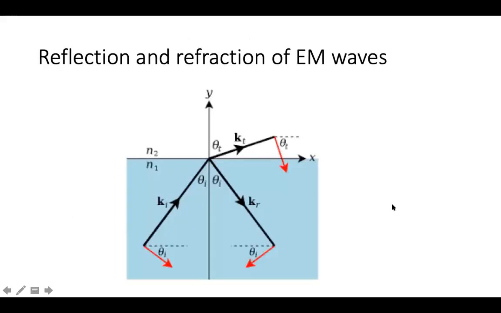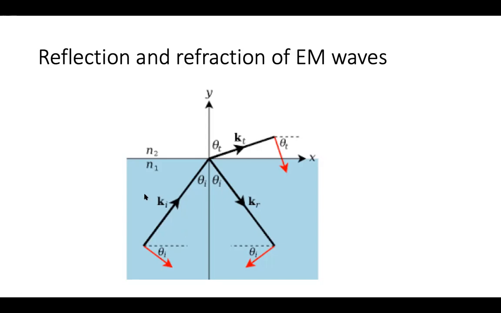So look at this figure. This is what I was speaking about. We have the incident ray here, which has the wave vector ki, and then we have the reflected ray kr. The angle is the same here, theta i and theta i, because the angle of incidence is equal to the angle of reflection according to the law of reflection.